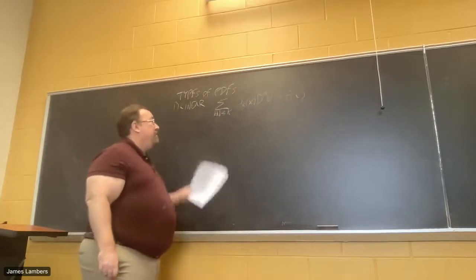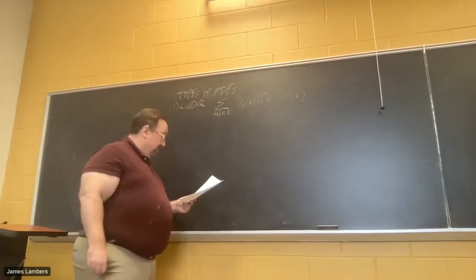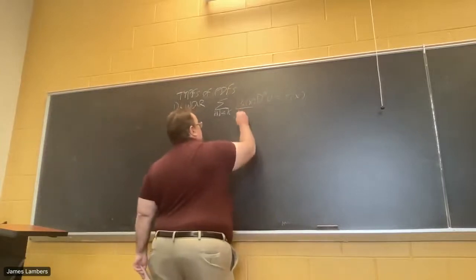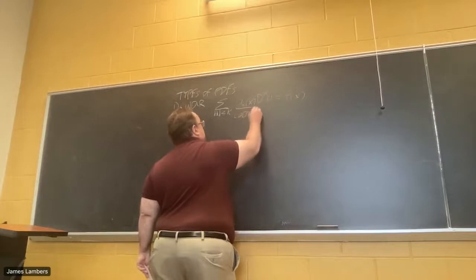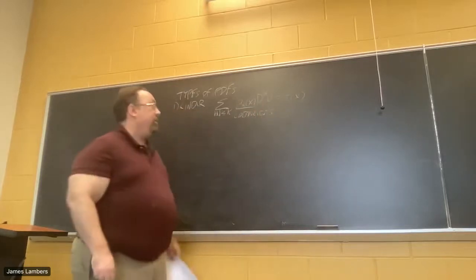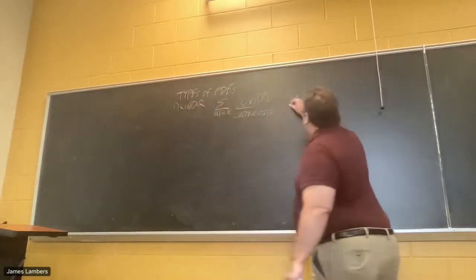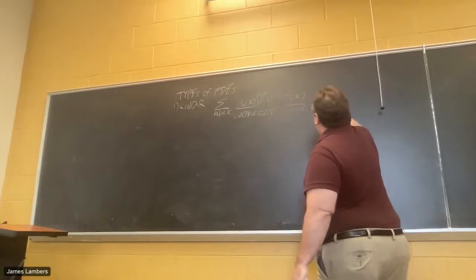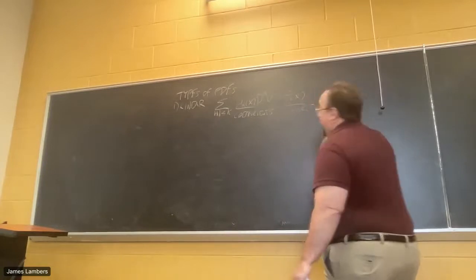A PDE has to be of this form to be considered linear. The functions alpha of x are referred to as coefficients. The function f is often referred to as a source term.